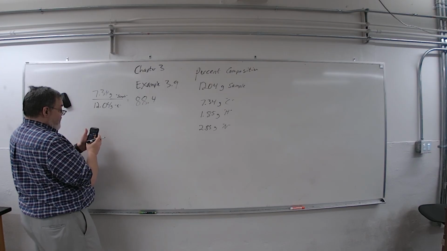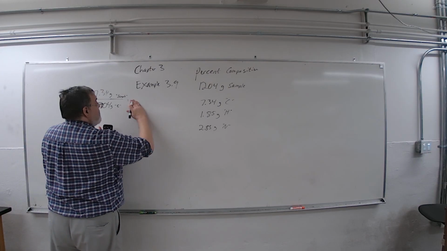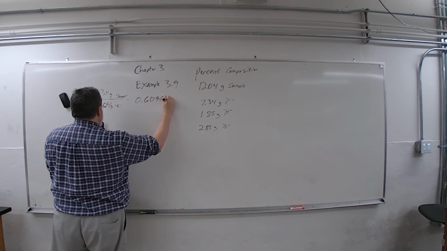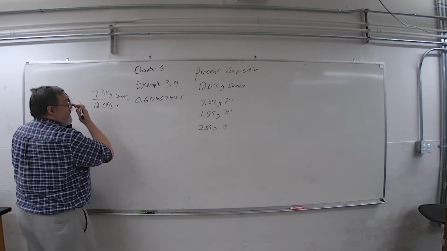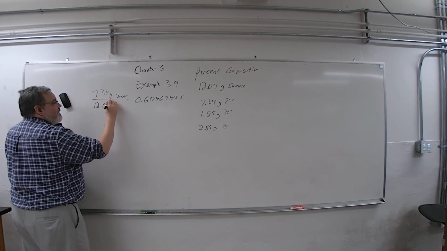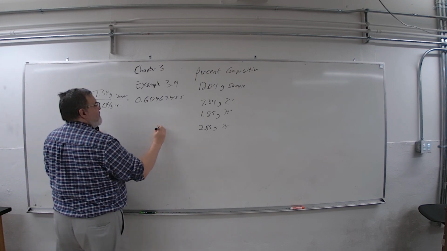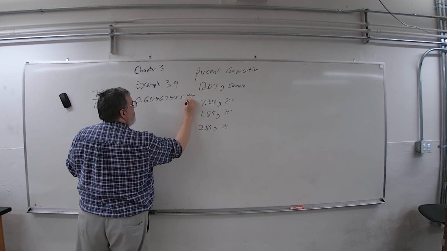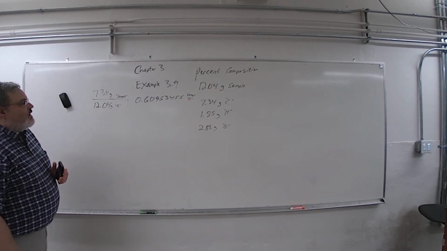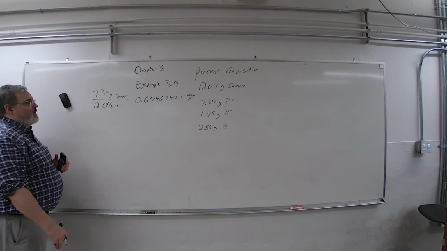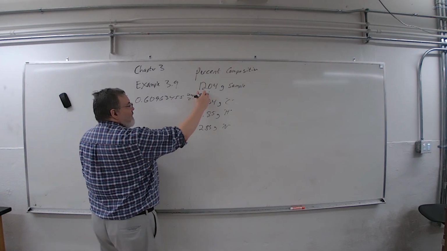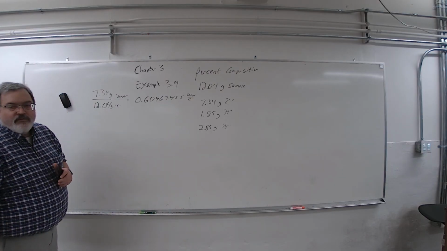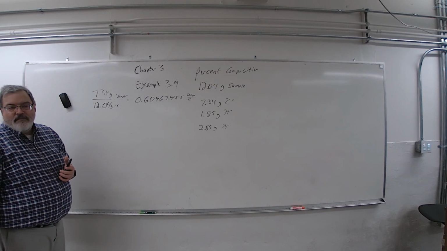That's 7.34 divided by 12.04. The grams cancel here, and this is the fraction of the sample that is carbon. I guess if you wanted to put units on it you could, but usually we don't put units here. So the fraction of this sample that is carbon is 0.6096345. You follow that?